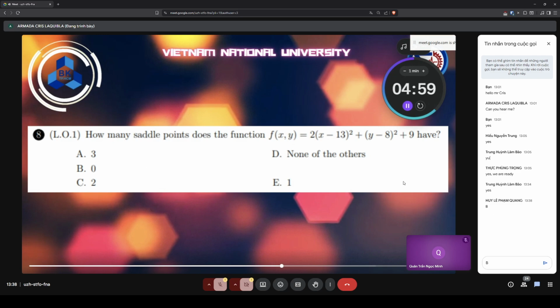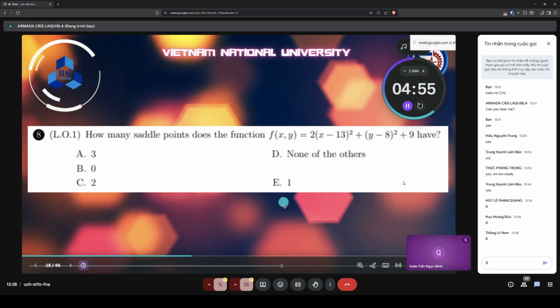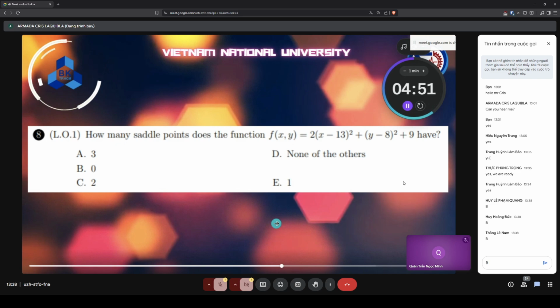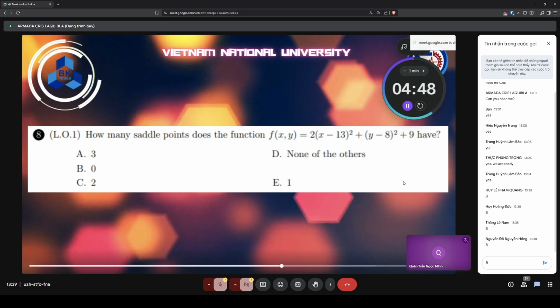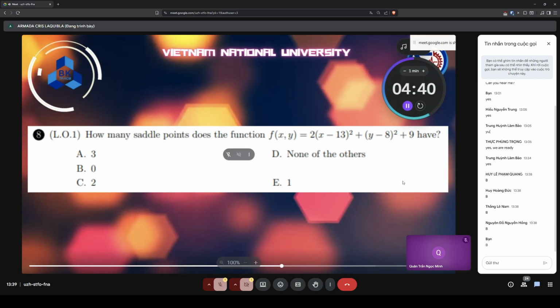Again, the shortcut for this is solve the fx first and then fy. After that, the fxx, fxy, and then fyy. Solve your d there. That's it, so that you are not wasting your time finding the critical points.